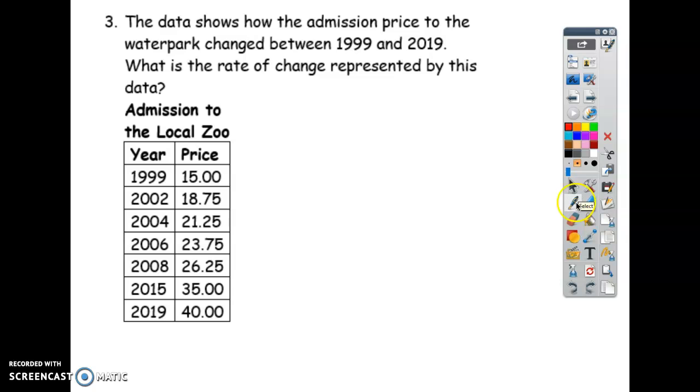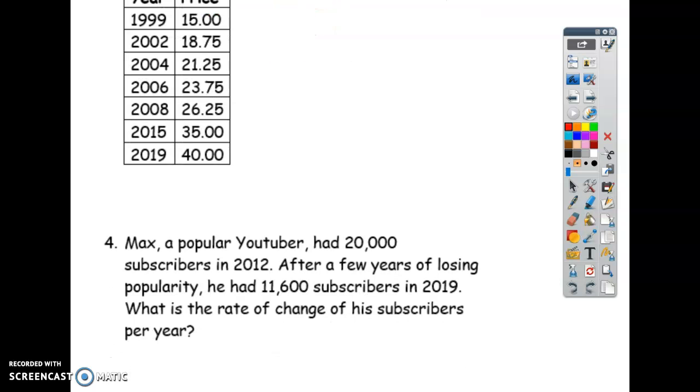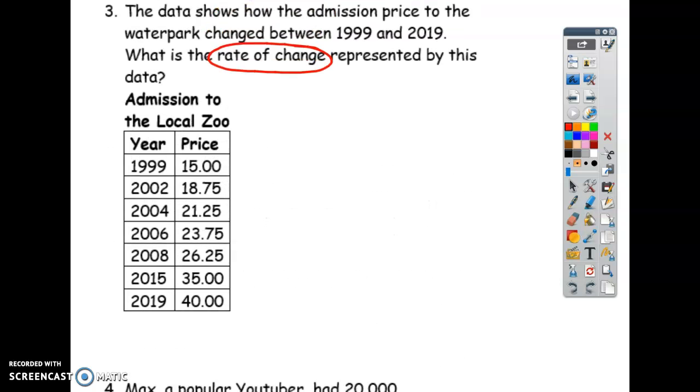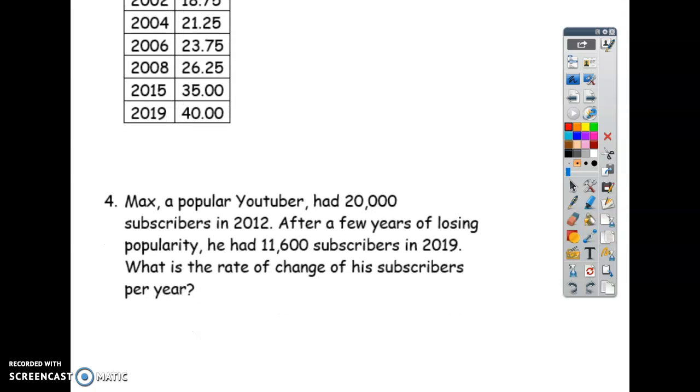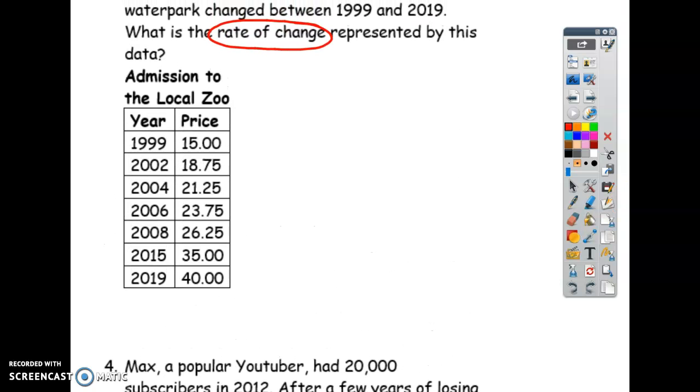What is the rate of change, slope, represented by this data? Okay, so I'm going to do this one quickly, and then I'm going to start you off on problem 4 so that you can finish both of them.